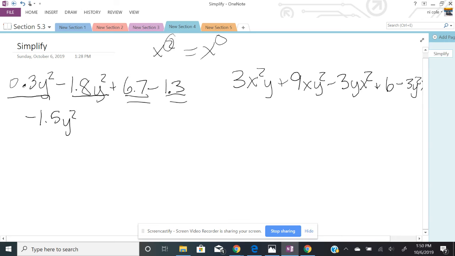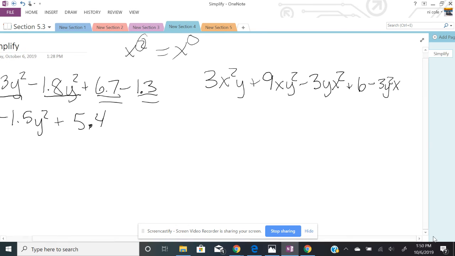And the numbers are the same kind. So I have 6.7 minus 1.3. So that's going to be plus 5.4. From here, I cannot combine the y's and the numbers. They're not the same. Let's look at this next example. I was telling you they have to be exactly the same. Well, here's the only catch in the rule. If it has to look exactly the same, you're going to say there's absolutely nothing that's like terms.